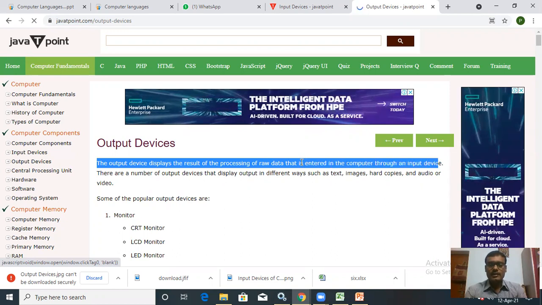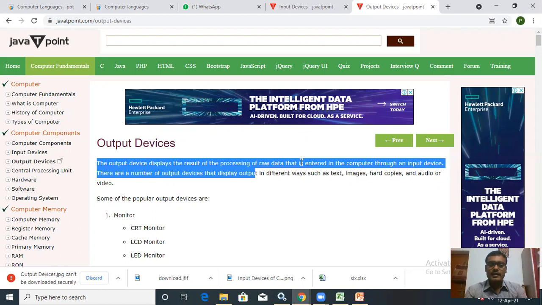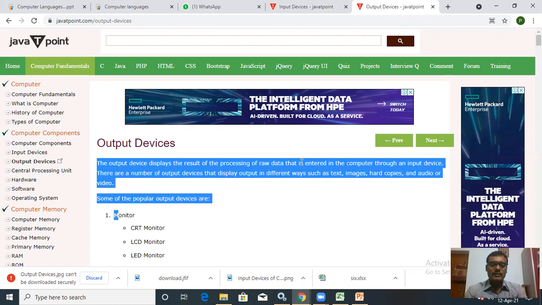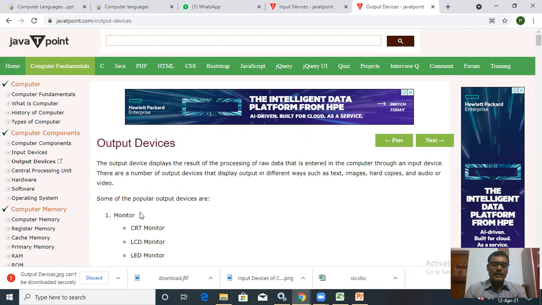Means input device is used to enter the data, the processing device processes the data, and after processing the data, the result is given to the output device for displaying it. Okay, and there are a number of output devices that display output in different ways, such as text, images, hard copies, audio, and video. These are some of the popular devices.